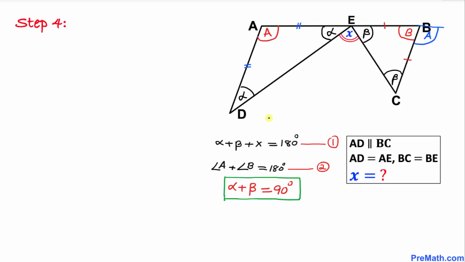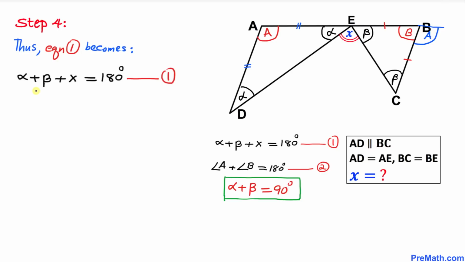And here is our final step. We figured out alpha plus beta equals 90 degrees in our previous step. Now let's focus on equation number 1, which I have copied down over here: alpha plus beta plus angle x equals 180 degrees. We know alpha plus beta is 90 degrees, so let's replace that: 90 plus x equals 180 degrees.